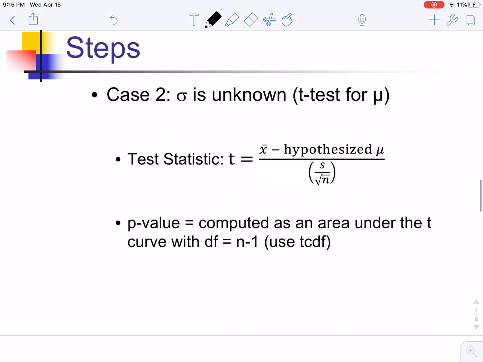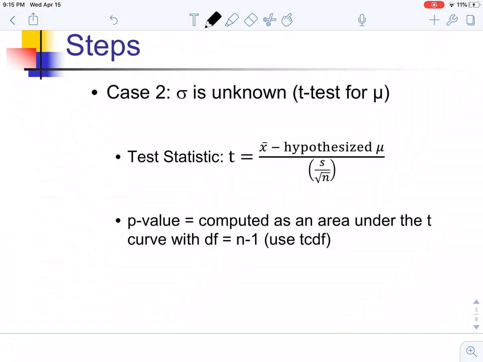The second case is where sigma is unknown. So this is what's usually going to happen in practice: you don't know the population standard deviation. So what you're going to use instead is the sample standard deviation. If you're using the sample standard deviation abbreviated as s, that's when you're going to use this t-test. So the t-test uses the t statistic, very similar to a z-score. You take the x bar value minus that hypothesized mu, but now what you're doing is you're dividing by s over the square root of n.